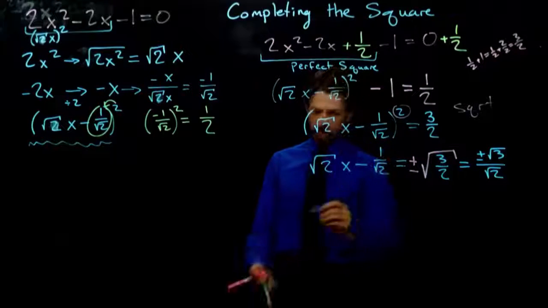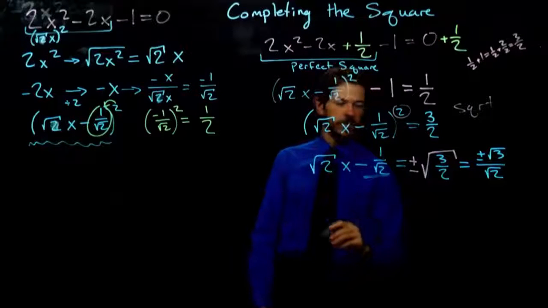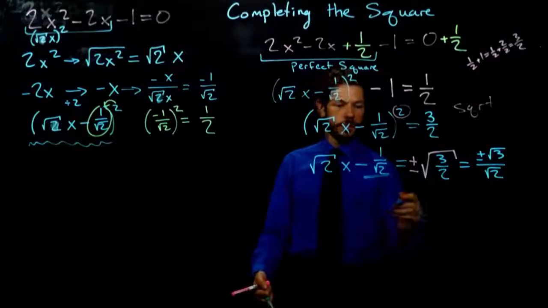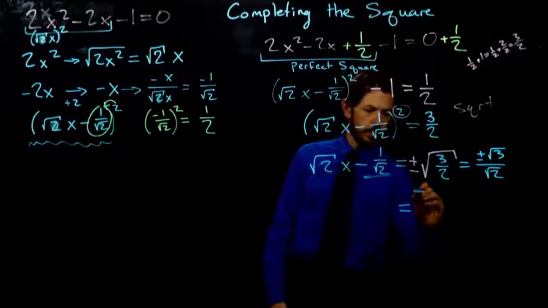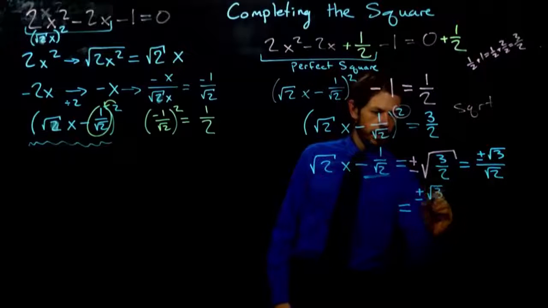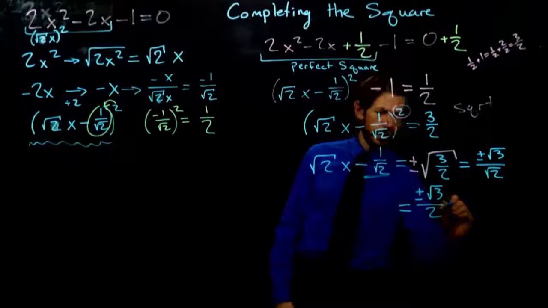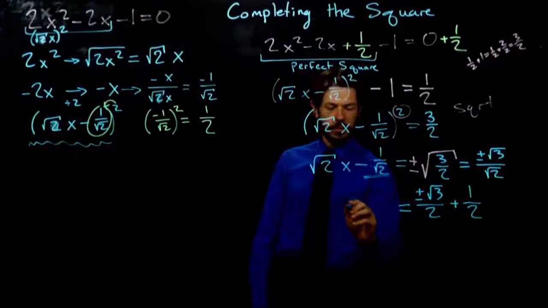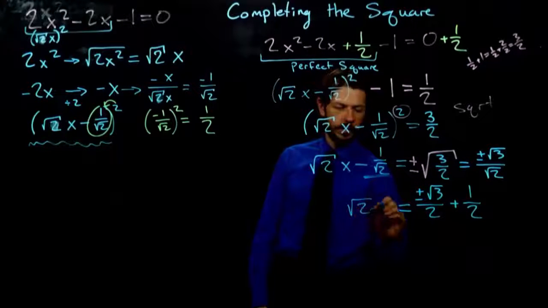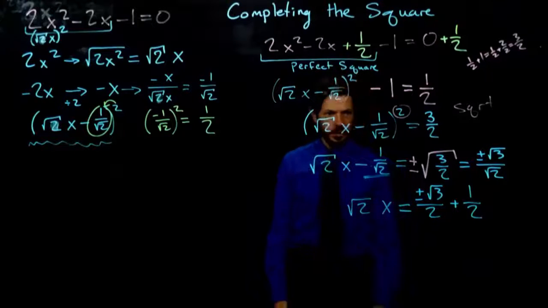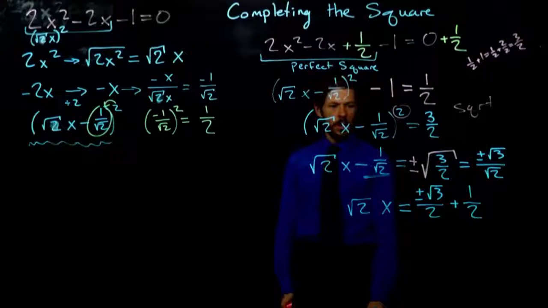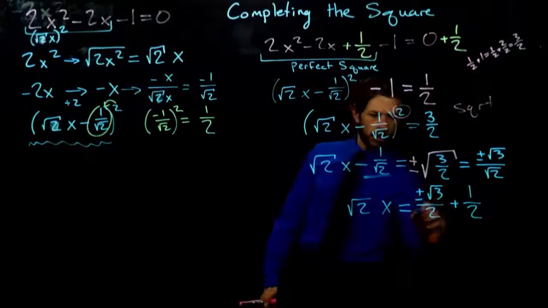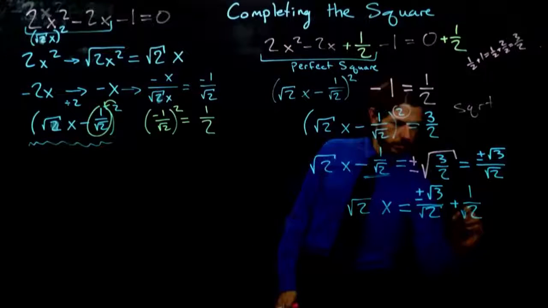I'm going to add 1 divided by the square root of 2 to both sides. So we'll get plus or minus the square root of 3 over the square root of 2 plus 1 over the square root of 2, and this is equal to the square root of 2 x. These are over square roots.